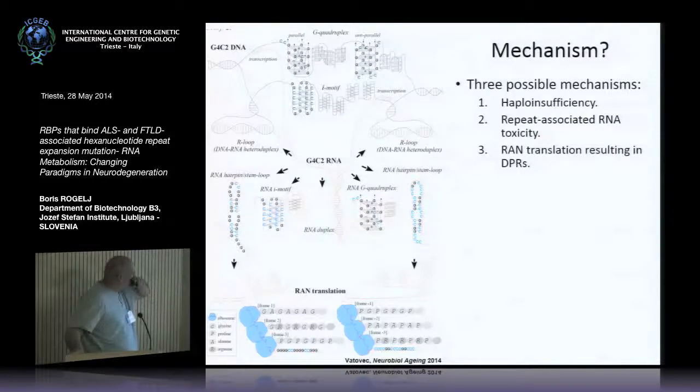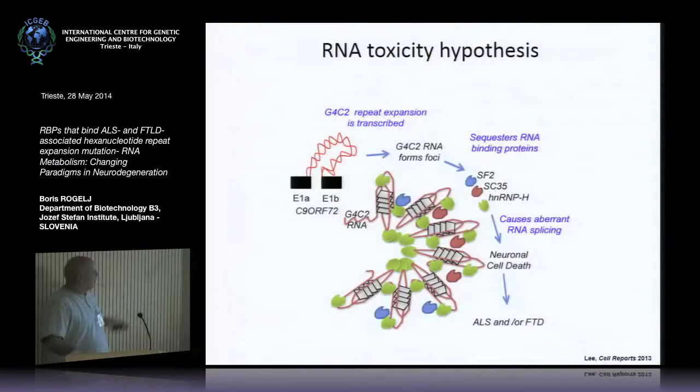So basically, getting back to the mechanism, there are three possibilities: haploinsufficiency, repeat-associated RNA toxicity, and RAN translation resulting in DPRs. We focused a lot of the work on the RNA toxicity. The theory here is that we have the G4C2 RNA, which forms foci.